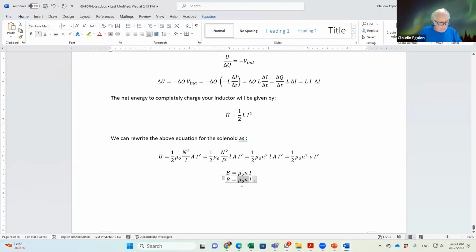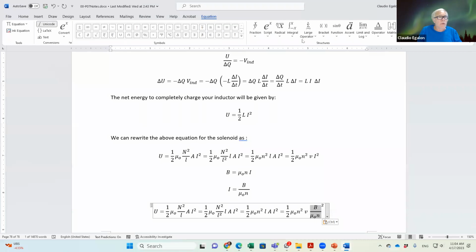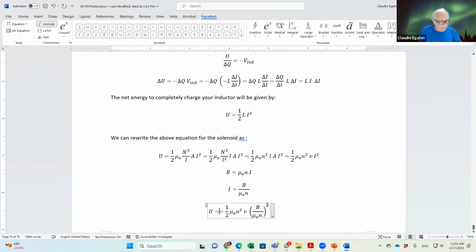So what happens here? This term goes downstairs. And then what are we gonna do? What's gonna happen when we do that? We did something similar for the capacitor, remember that? Okay, so here we go. My B goes here inside the I. I'm going to put a parenthesis right here. I will erase everything else. What else?